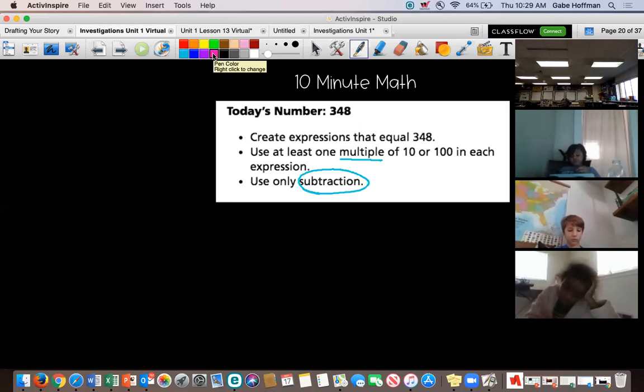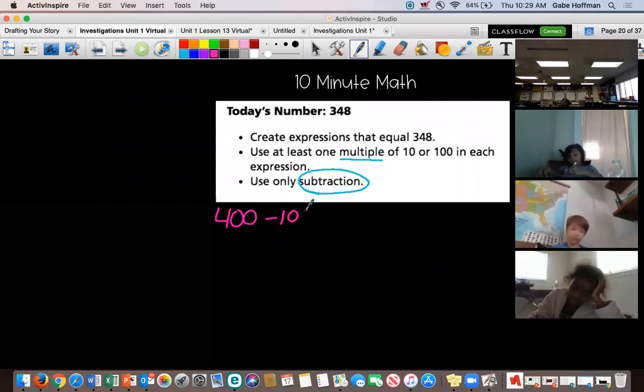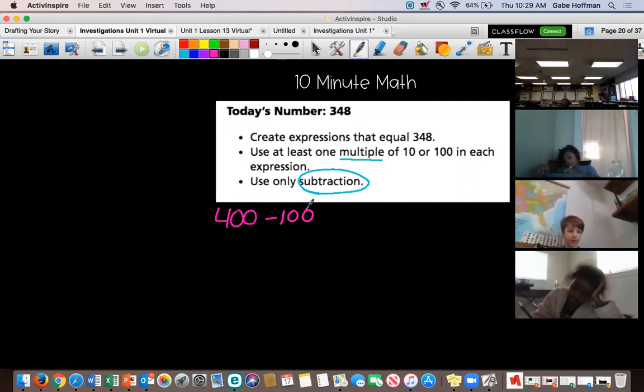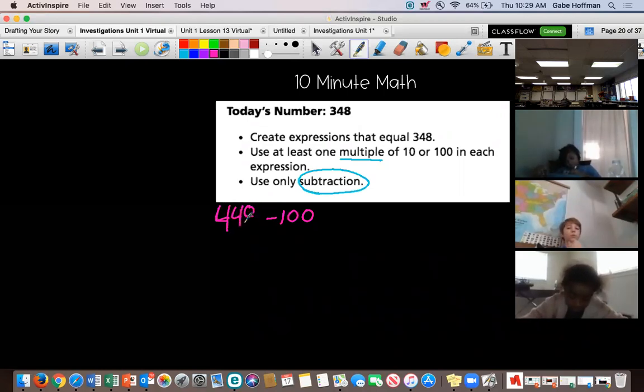First I did 400 minus 100, and I got 300, and then not 400, 448. 48 and minus 148.